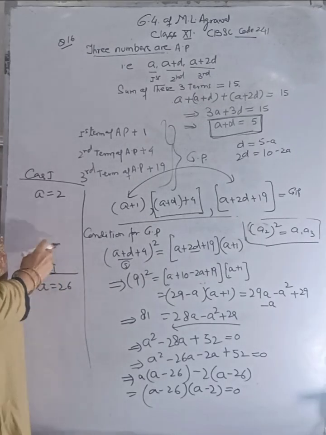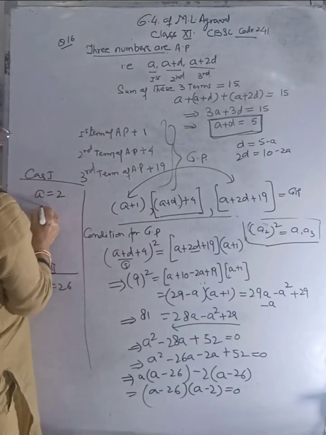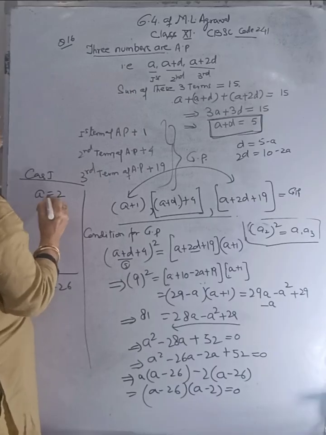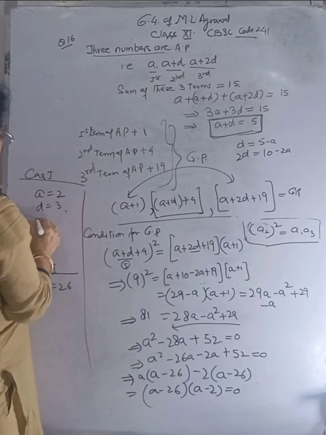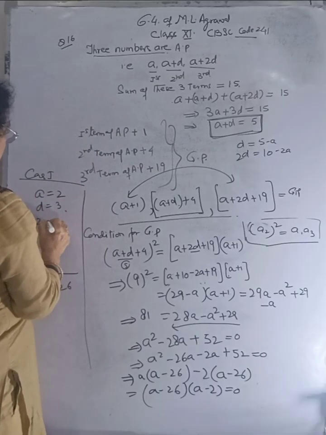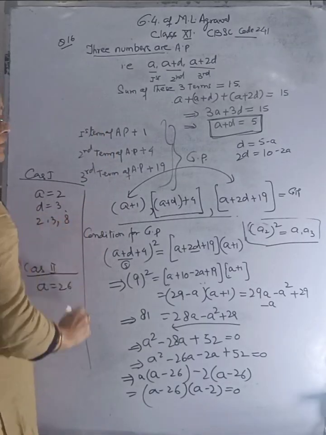Case first, when a is equal to 2, d will be equal to 3, and hence the series will be 2, 3 and 8.